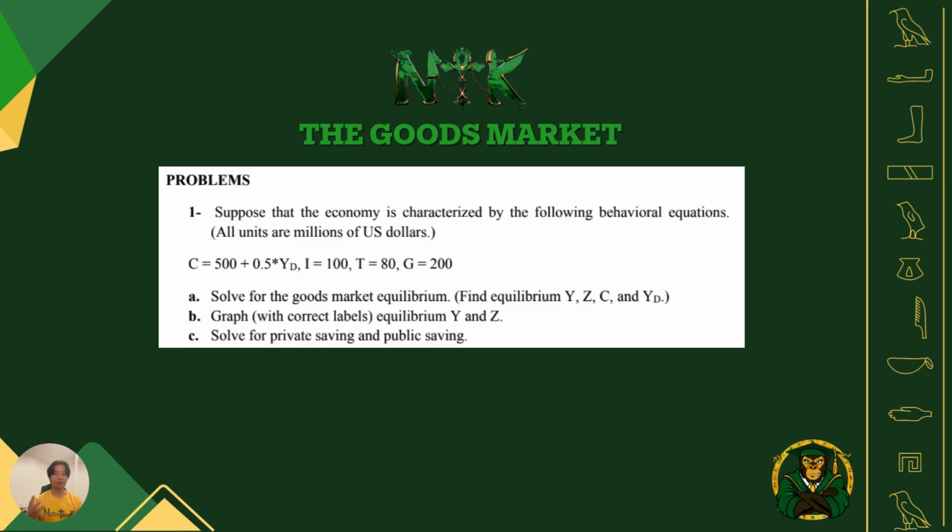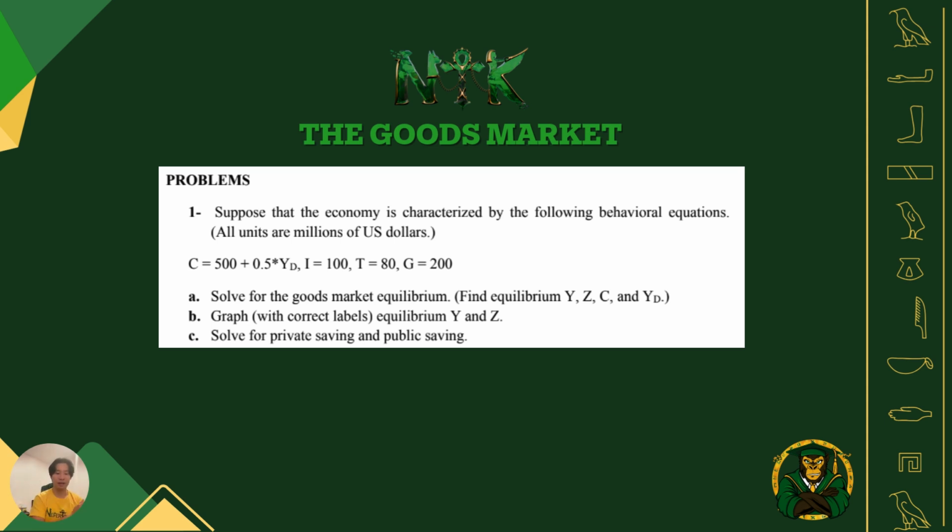So here is one of the main exercises in the midterm. I'm pretty sure you'll have it because every year it's the same one, of course with different numbers. Just remember that Y is equal to Z because it's the market equilibrium. As I said, 1 plus 1 equals 2. So with the main formula that I gave before, Z equal to C plus I plus G plus X minus IM, you're going to use this.